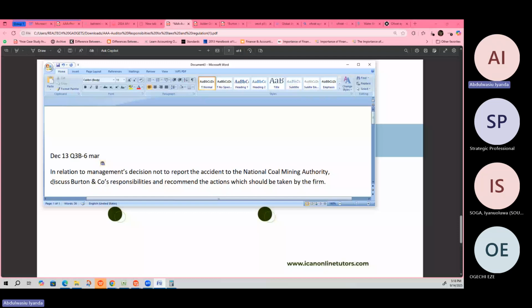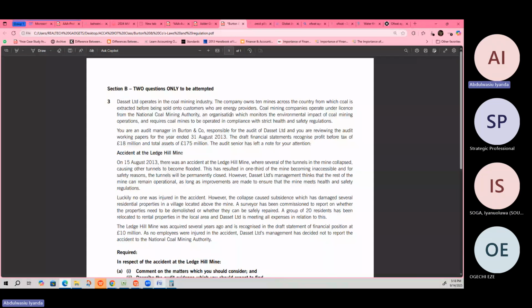So this is our task. What is the responsibility of who? I think that is our audit firm. We are the auditor. So what they are requesting is what is our duty?